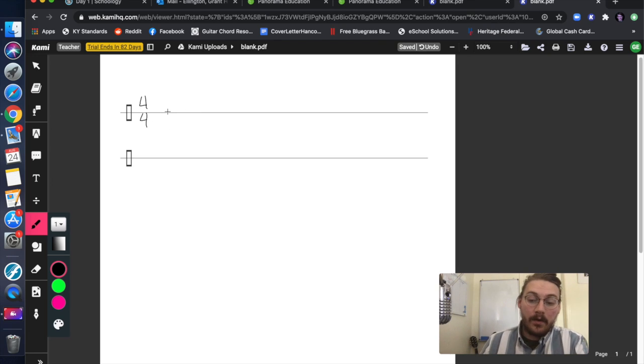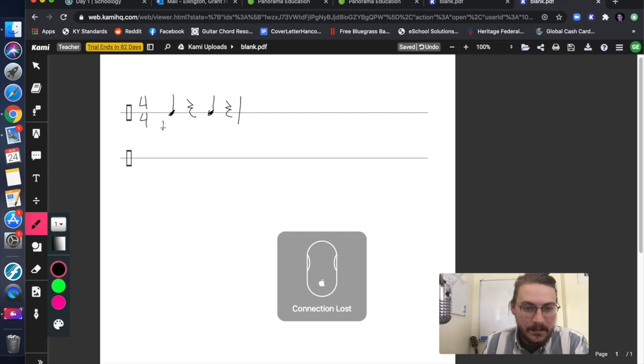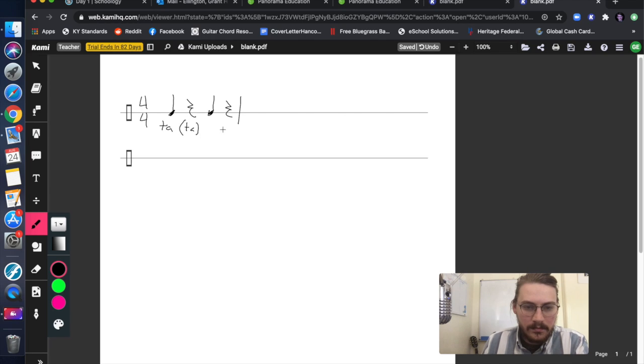So it'll be four quarter note beats in this measure. So let's make a really simple rhythm with our rest. So that's our quarter note. Let's use our quarter rest. So again, Z with a tail. And that completes it, because this is going to be counted ta. That's a ta, but we don't say it.